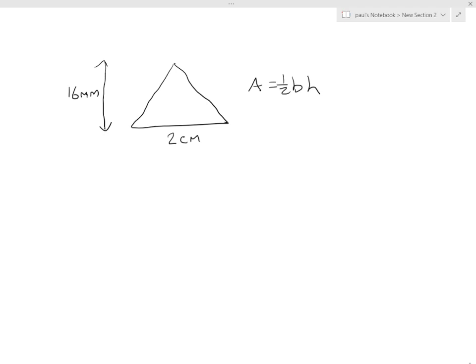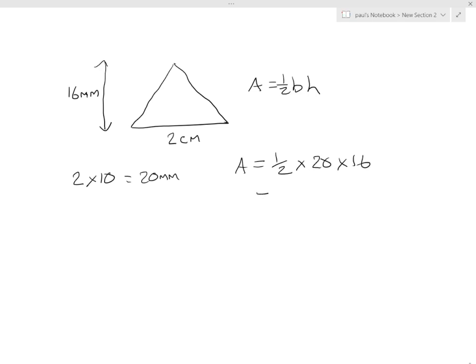I'm going to change that into millimeters. So 2 times 10, because if we go from centimeters to millimeters, you multiply by 10, equals 20 millimeters.